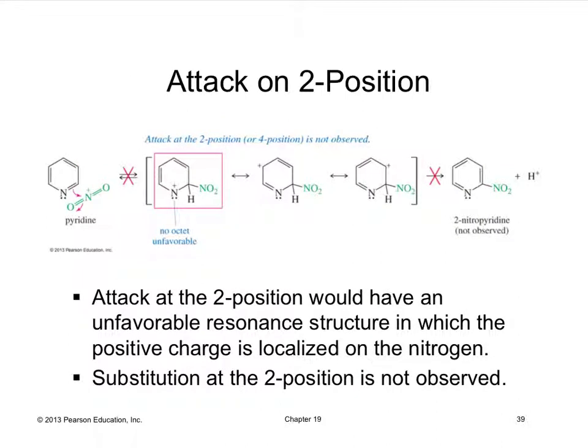If you try to do attack on the ortho or para, you'd have positive charge retaining on the nitrogen, and that would be unfavorable because it's not an octet here, and so this really doesn't happen.